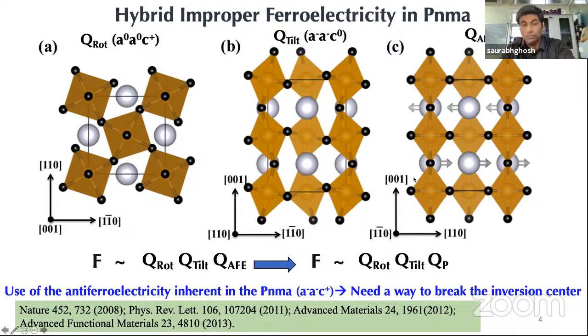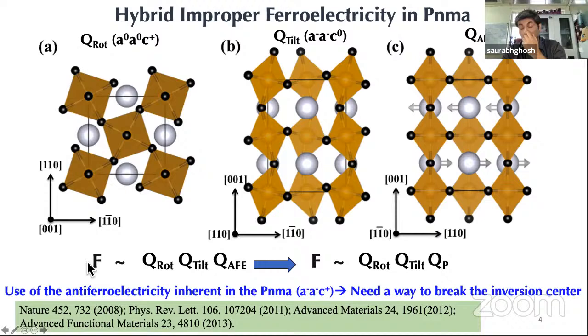Now, if we write down the Landau free energy expansion, then there is a trilinear coupling between this rotation, tilt, and antiferroelectric A-site displacement, and that basically drives the system lower than any other competing structural phases. Now, why are we interested in this trilinear coupling? Because we can design ferroelectrics by using this trilinear coupling mechanism, which is called hybrid improper ferroelectricity.